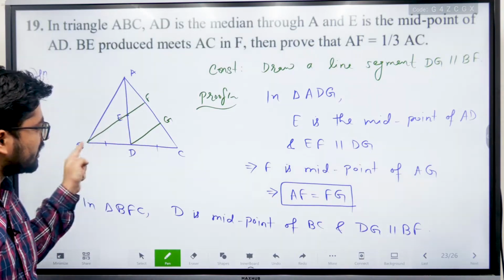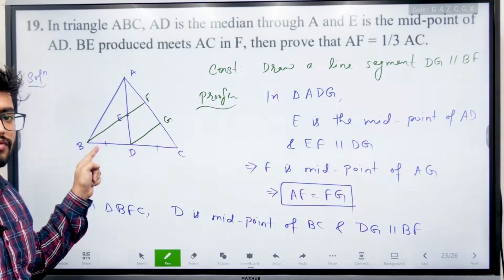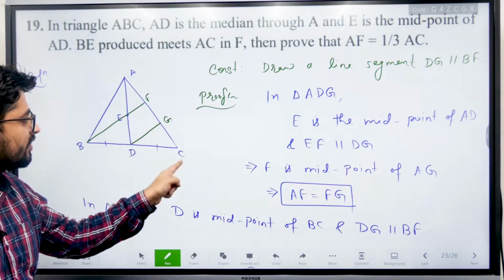So in triangle BFC, using the converse midpoint theorem, you can say G is the midpoint of FC.